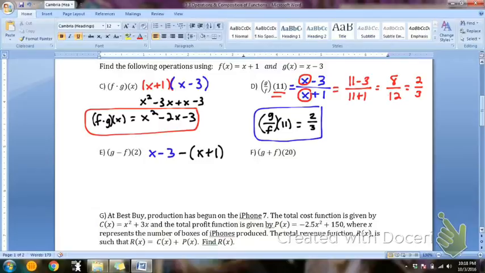Now I want you to pause and listen to what I'm about to share. Oftentimes, students want to evaluate the problem at this point, meaning students get it set up and then they know they have to evaluate it for 2, so they're going to plug a 2 in here and plug a 2 in here. Will you get the same answer? Yes. But the problem is this. As the expressions get more difficult with an x squared or a division problem, it becomes more likely for you to make a mistake with a negative sign or make a mistake with a multiplication or something if you don't simplify first.